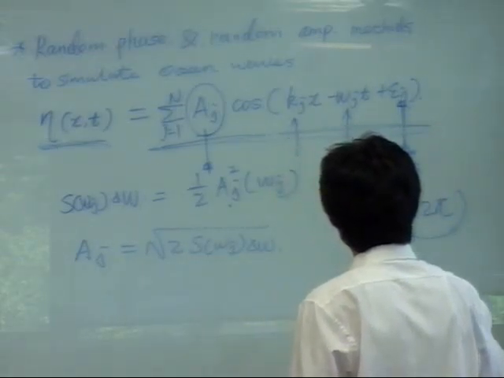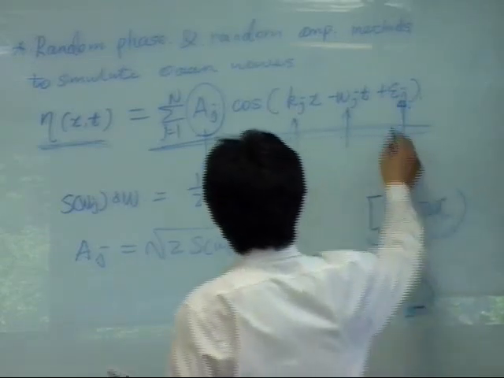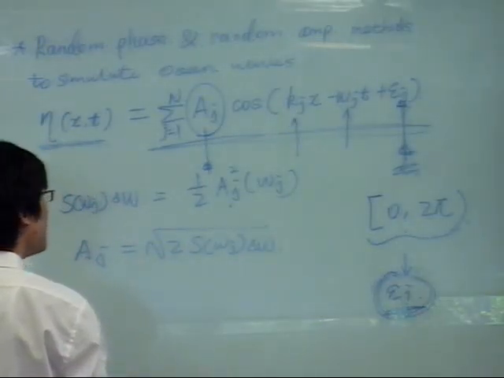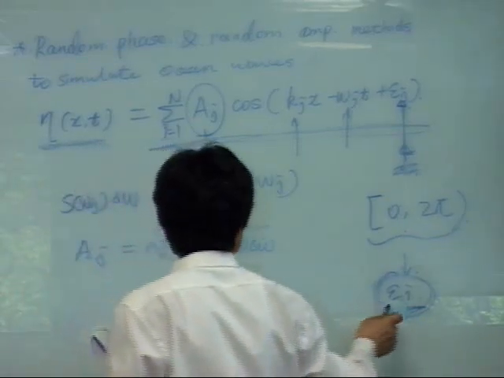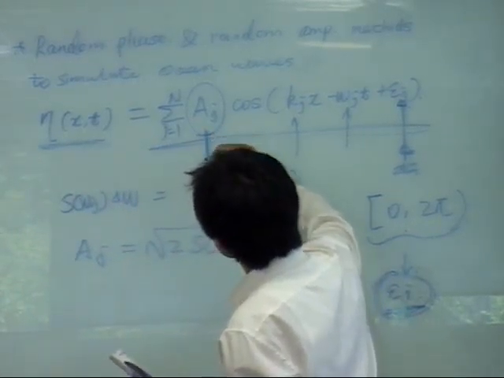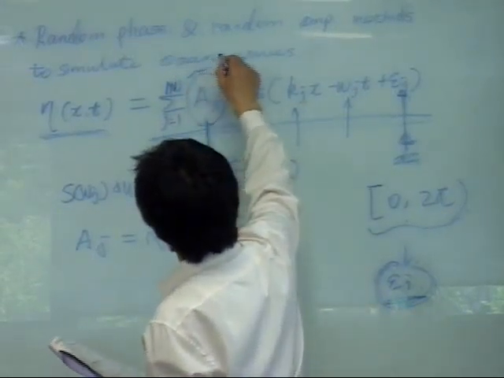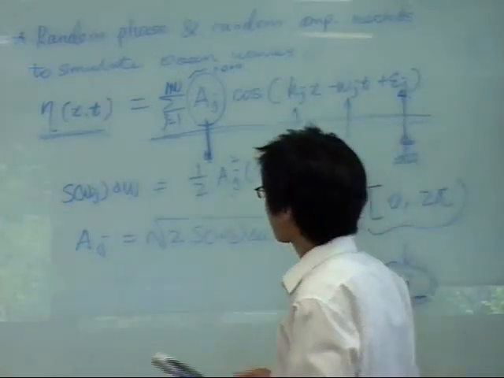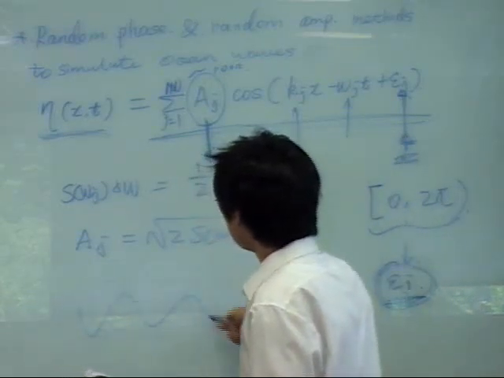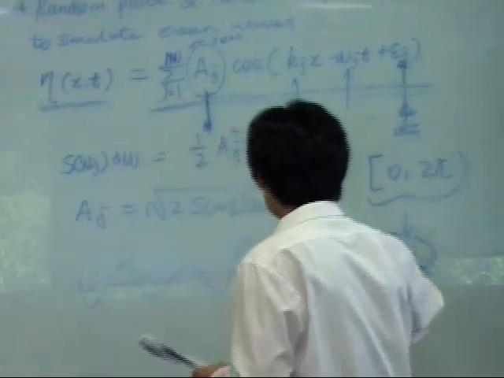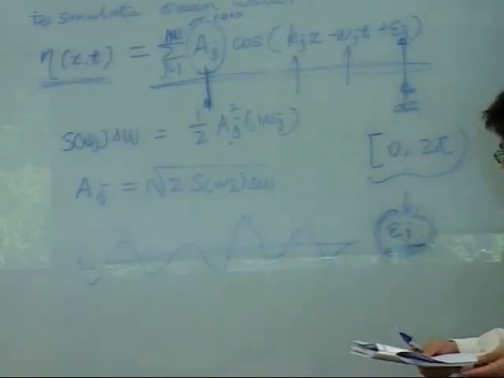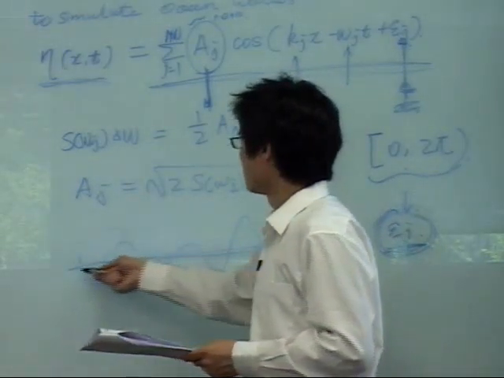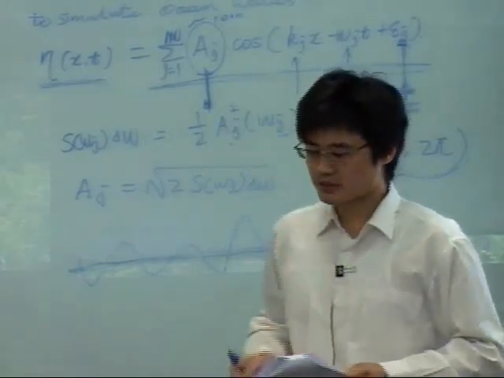Okay, then now we have all those numbers we can plug in, and so if you have enough components, say this n goes to 1,000 or even higher, 5,000 or 10,000, then you can generate random surface waves, right? And those waves are the ocean waves that we want to simulate.